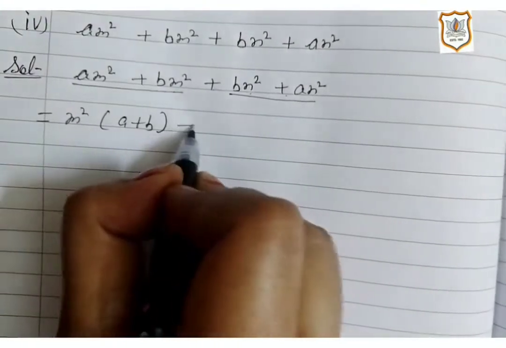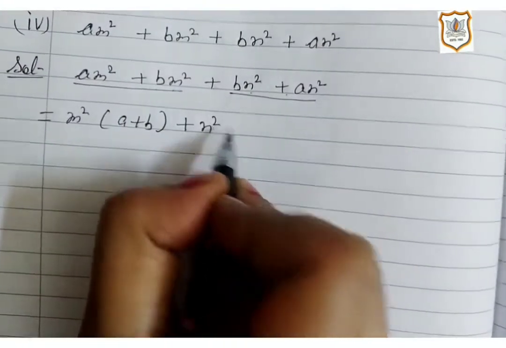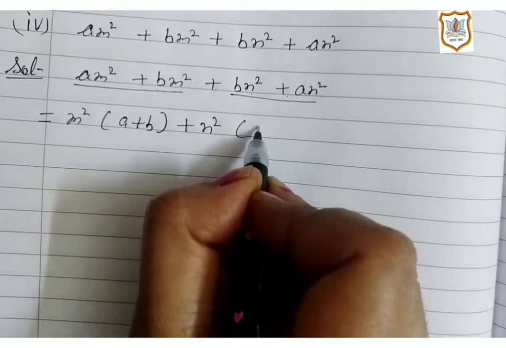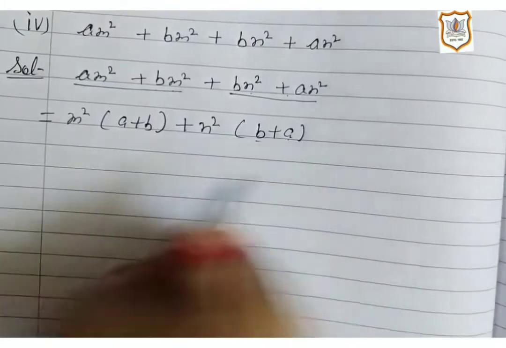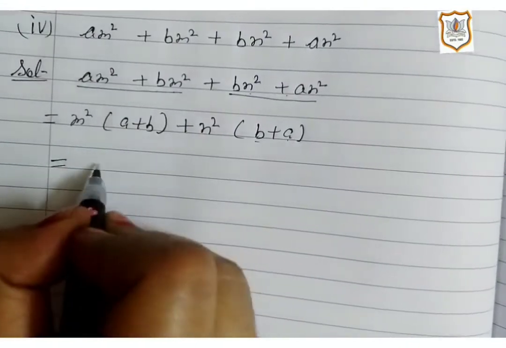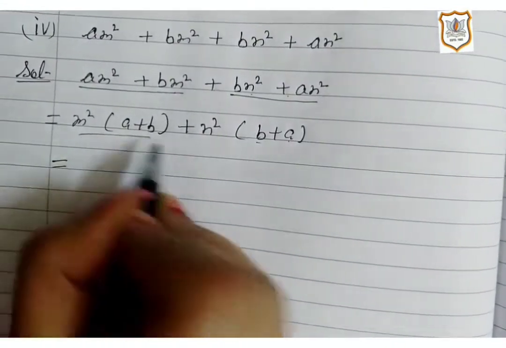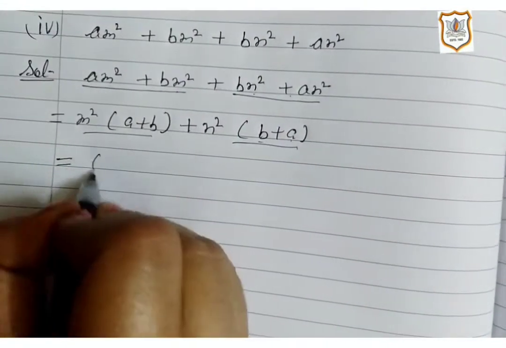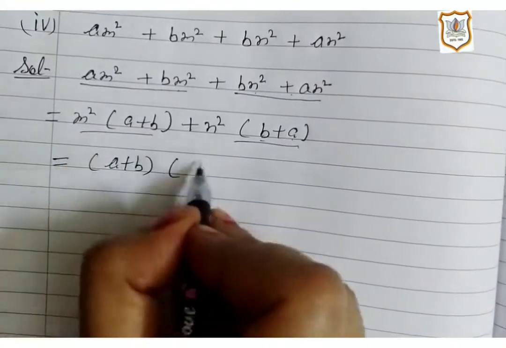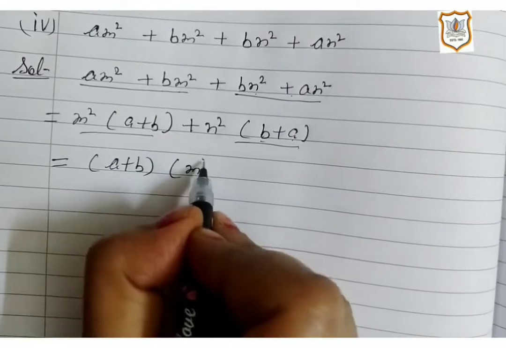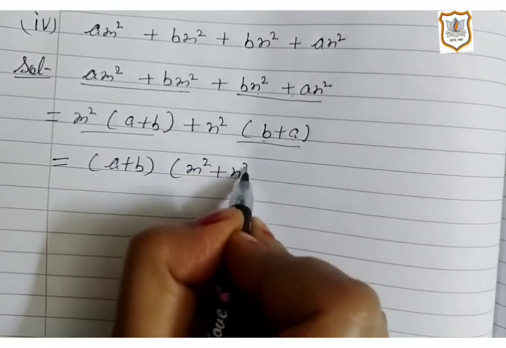Now the next pair we will take, bn square plus an square, where the common factor is n square, and in the bracket we will write b plus a. Now b plus a or a plus b is the same, so we will write the common factor first, that is a plus b, and the next factor we will write as m square plus n square.